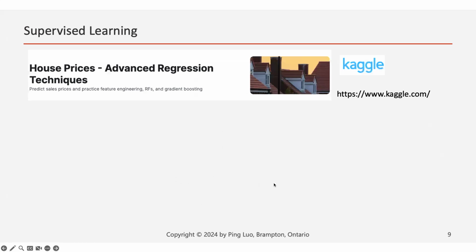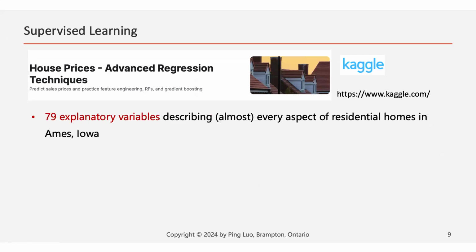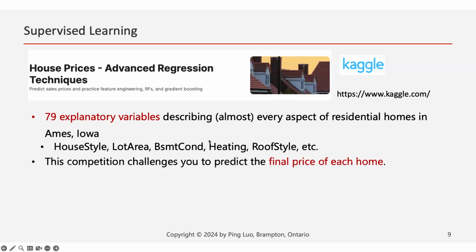For each house, they measure 79 features, like the location, the size, and the format of the house. And of course, each house has a price. You can give all the data to the model, and the model can then predict the final price of each house. This kind of problem we call a regression problem.